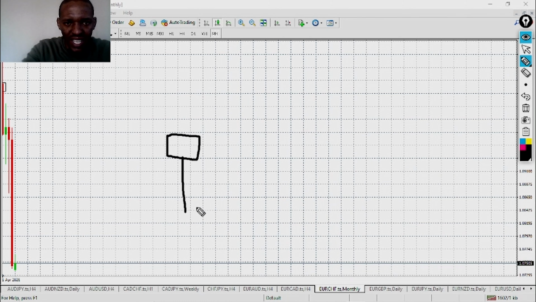This candlestick right here can be red, it can be green. But this candle tells you that at the beginning of this candle, sellers had the control. Sellers were stronger than the buyers at this area, but then the buyers took control of the market and took it all the way up.